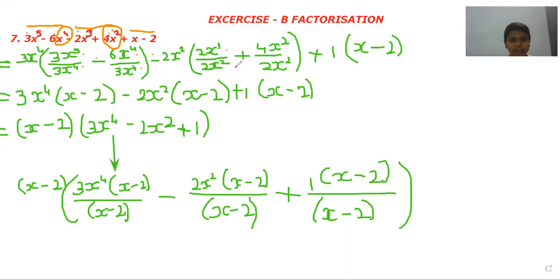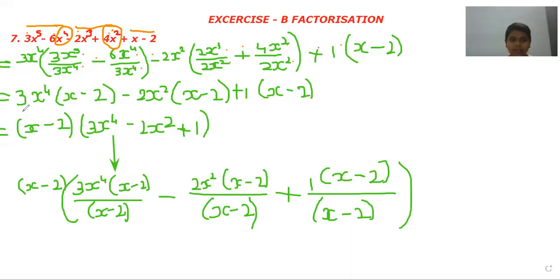Then 2x cube divided by 2x square plus 4x square divided by 2x square, plus 1, because this doesn't have any common factor, so I took 1 into x minus 2.